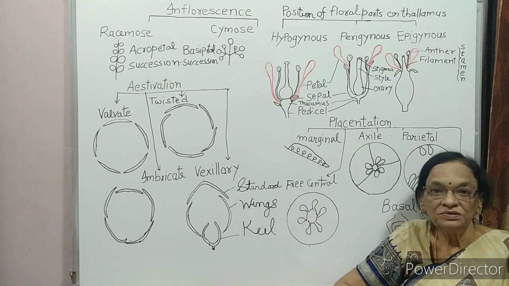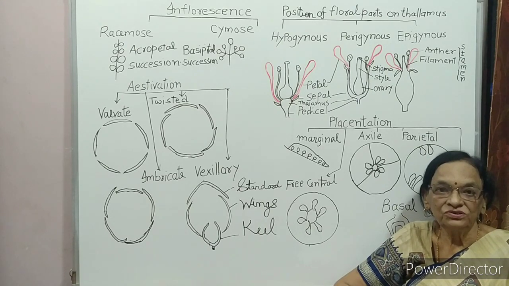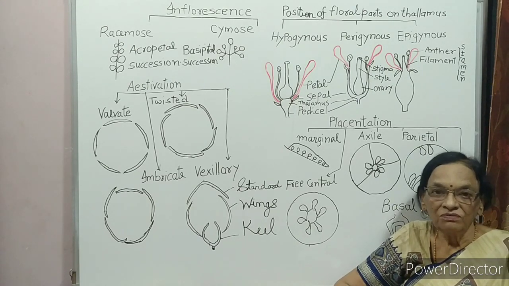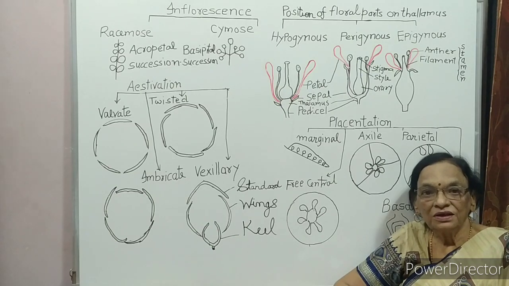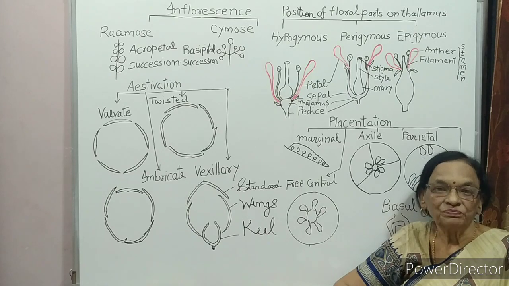What is inflorescence? It is the bunch of flowers. The flower is considered a modified shoot. Shoot means stem.